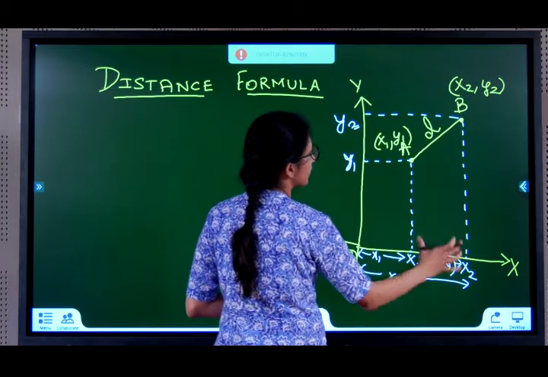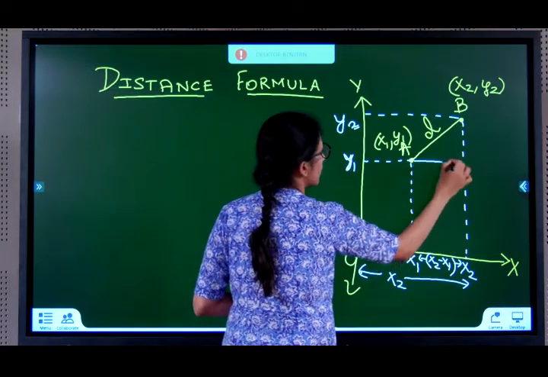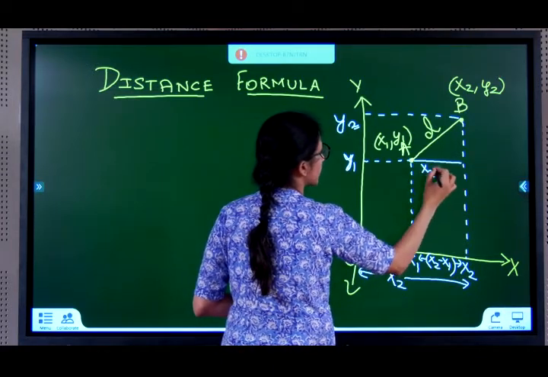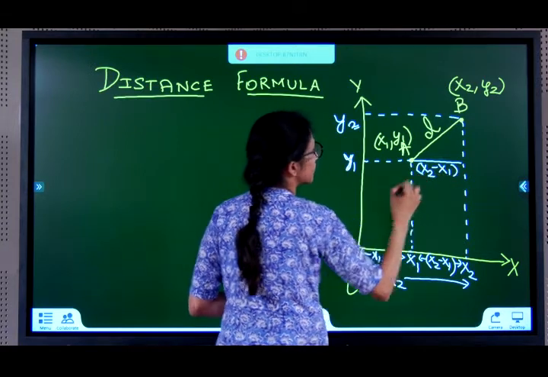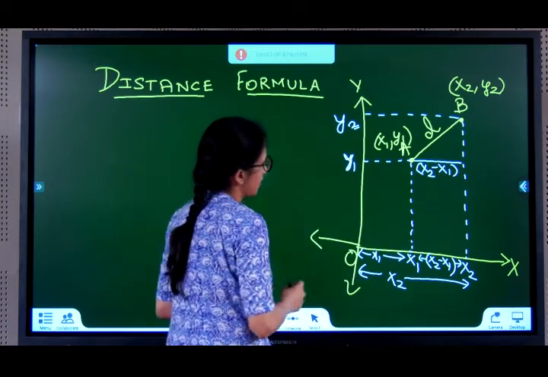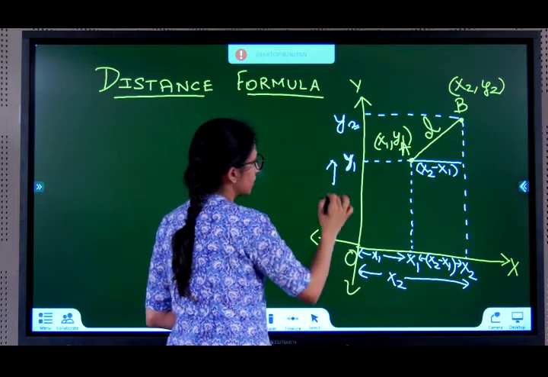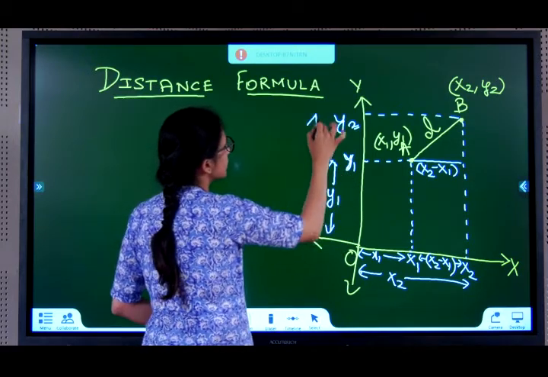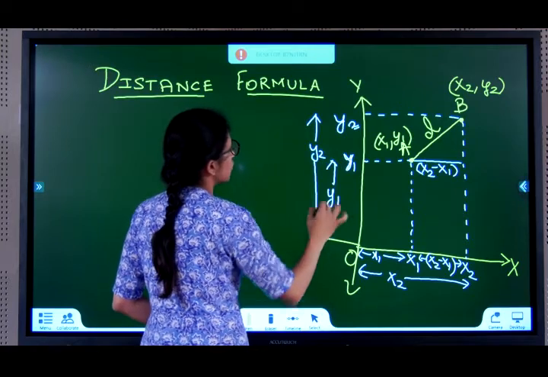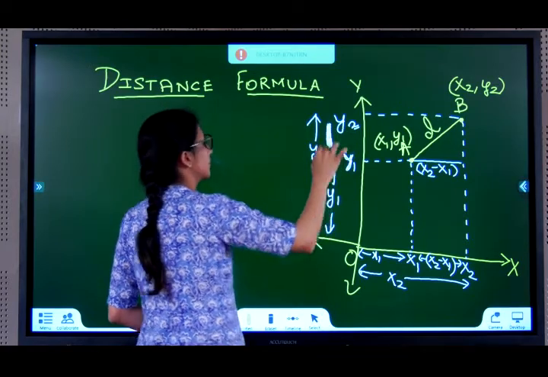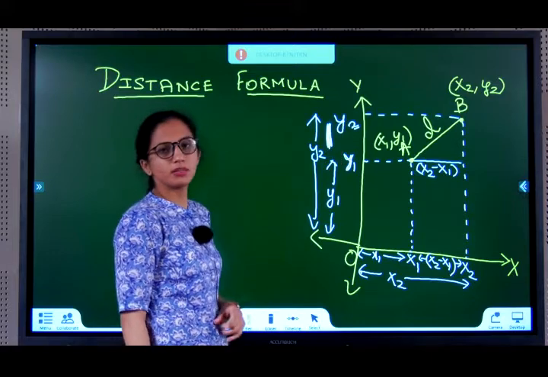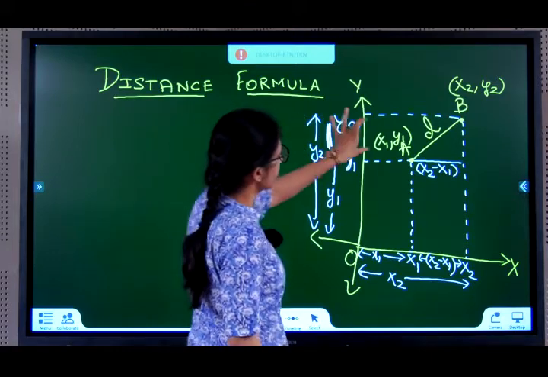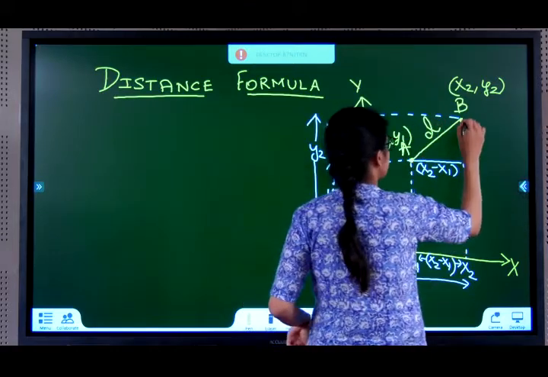So this x2 minus x1, I can say here also is x2 minus x1, the distance between these two. This whole thing here is y1. This whole thing here is y2. So what will be this distance? Can I say it's y2 minus y1? Yes. The same y2 minus y1 I can write here.